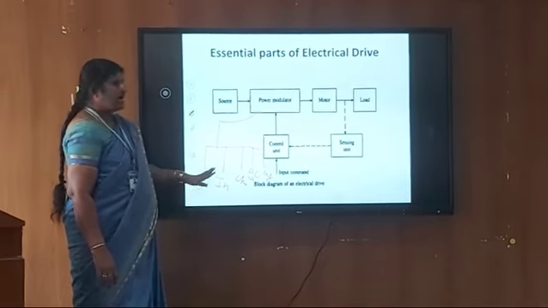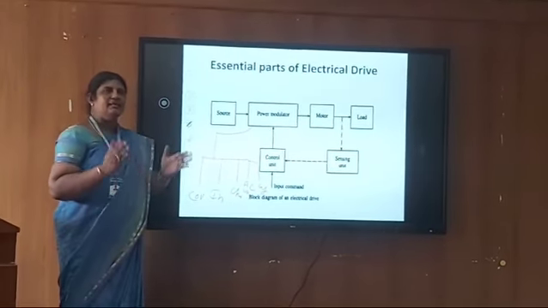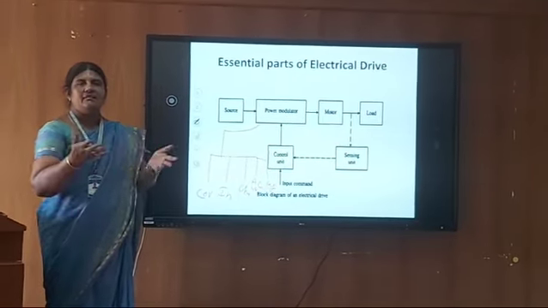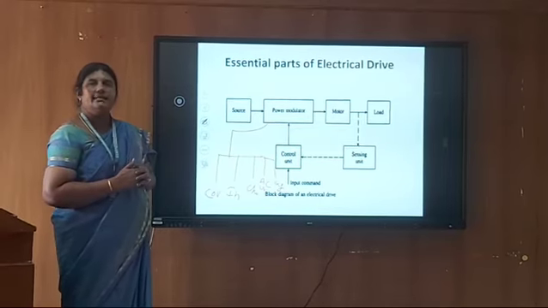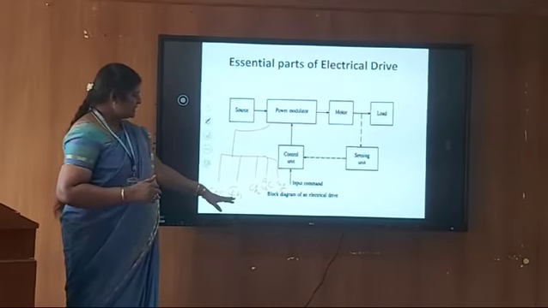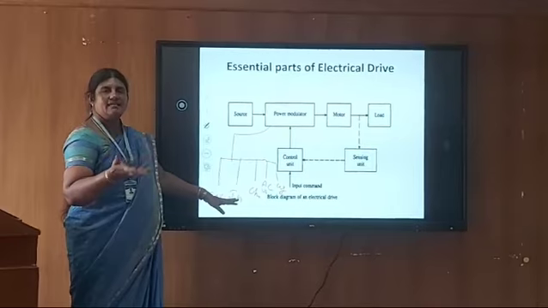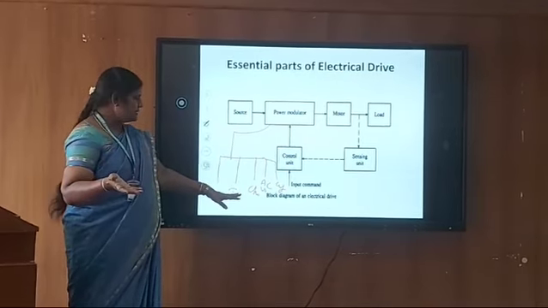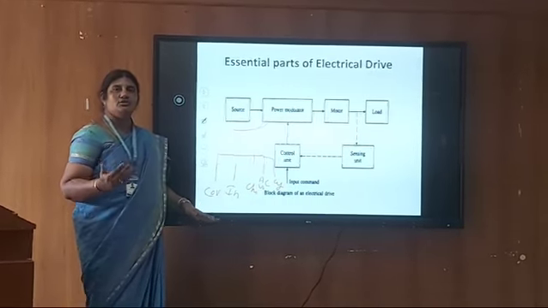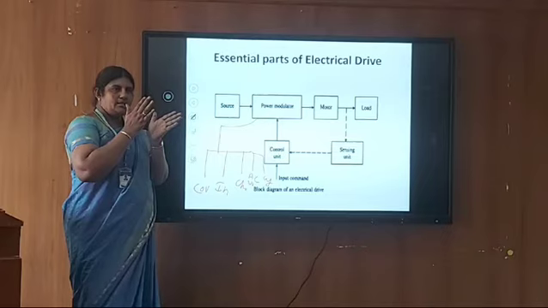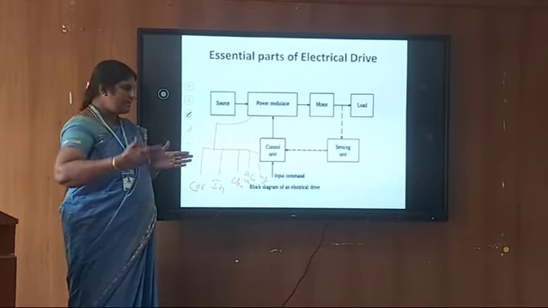A converter converts fixed AC into pulsated DC. An inverter converts fixed DC into variable AC. A chopper converts fixed DC into variable DC.